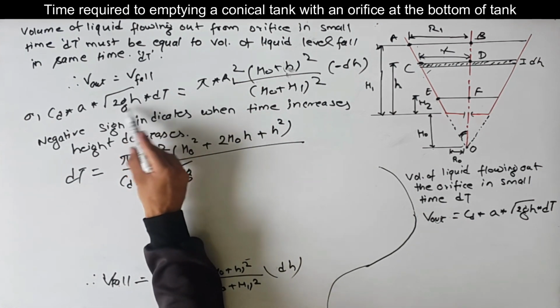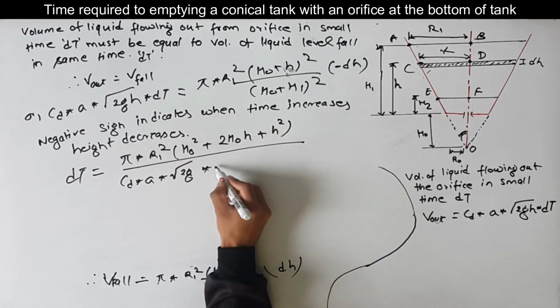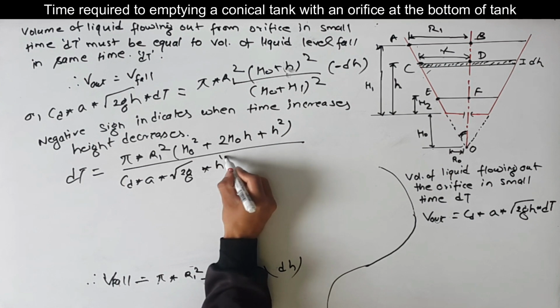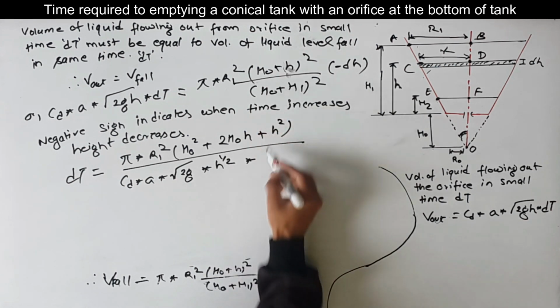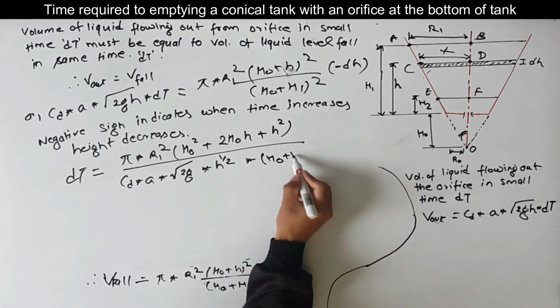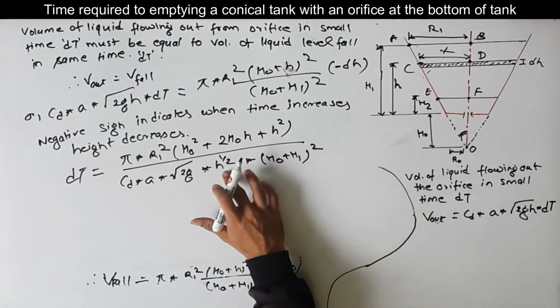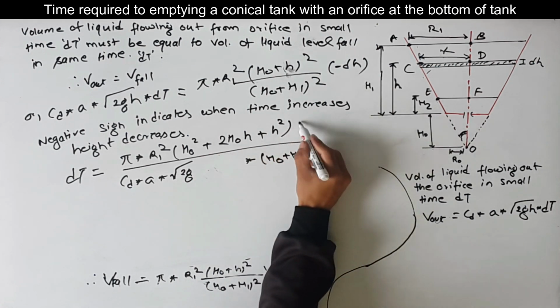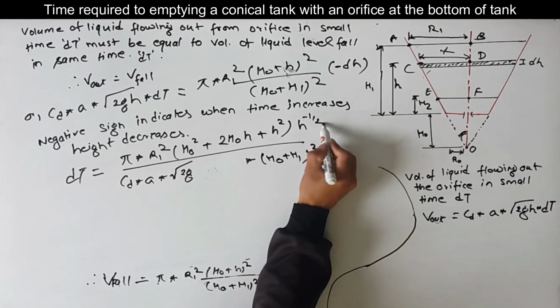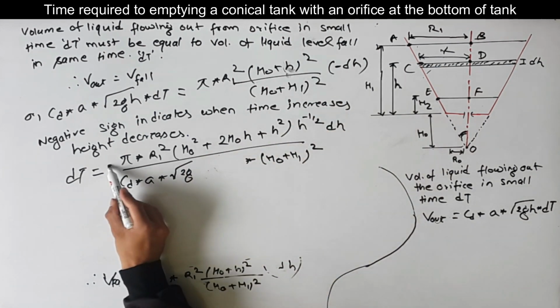We can split root under 2g into root under 2g and root under h, which is h to the power 1 by 2, into h naught plus h1 whole square. We take h to the power 1 by 2 to the upper side, so it is h to the power minus 1 by 2, and dh is remaining here, and this minus is here.